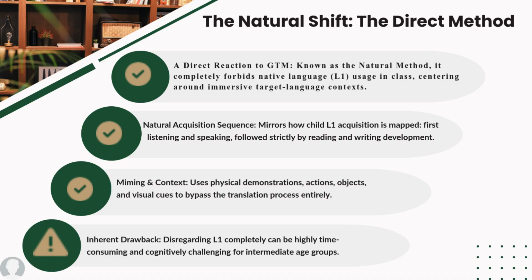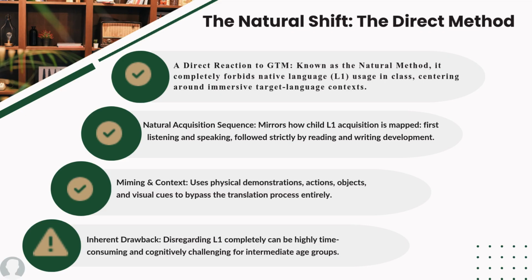A direct counter reaction to GTM was the direct method, often termed the natural method. The defining principle of the direct method is the absolute prohibition of the native language in the classroom. It mirrors natural L1 acquisition sequence, which is listening and speaking precede reading and writing.